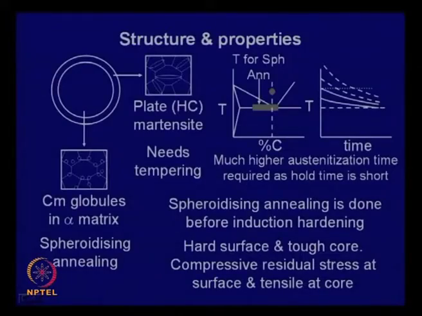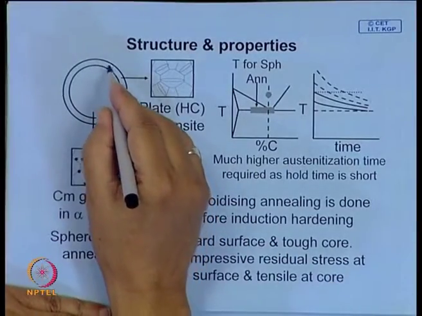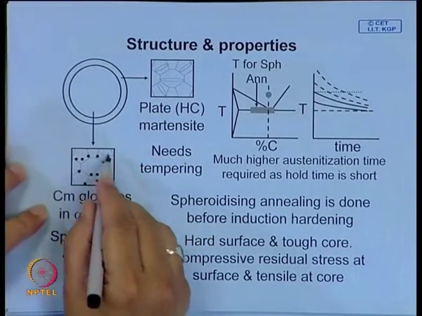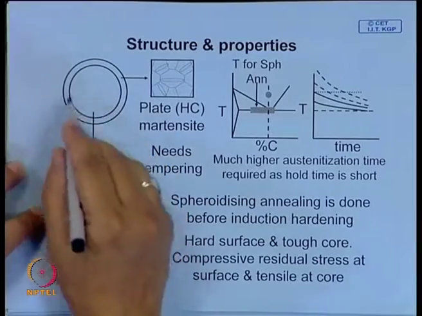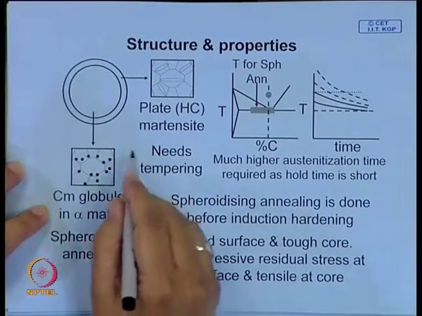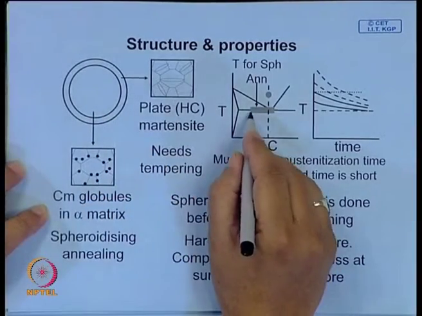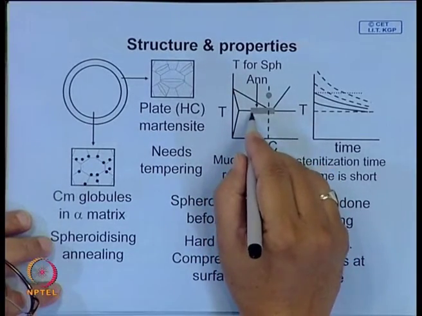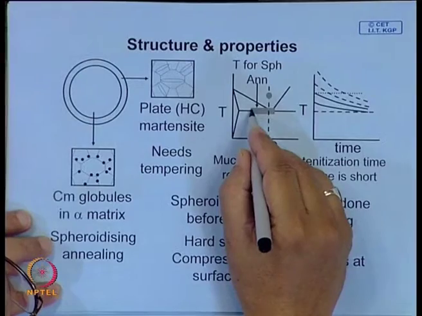Now, let us look at the structure in an induction hardened steel. Here, in order to get a tough core, it is previously given a spheroidizing annealing, and this diagram shows the usual spheroidizing annealing temperature.